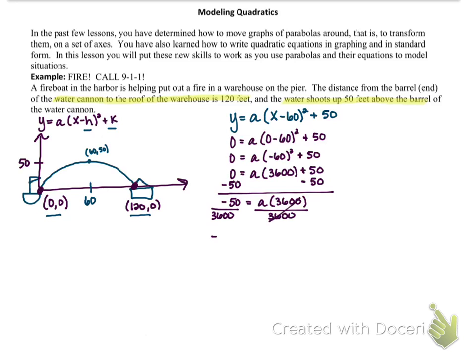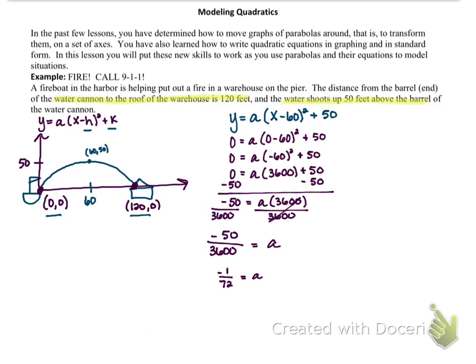And so we're left with negative 50 over 3,600 equaling a. If at all possible, we would want to reduce any fractions. So this one, we can actually divide both the numerator and denominator by 50 to get negative 1/72 equals our a value.